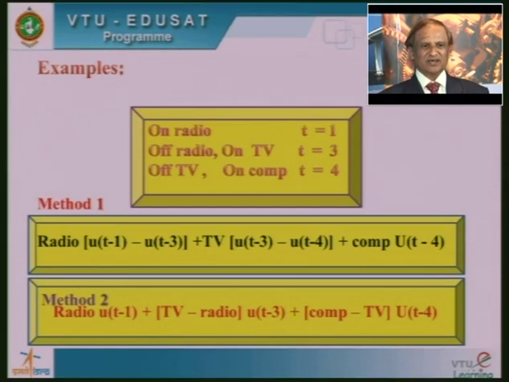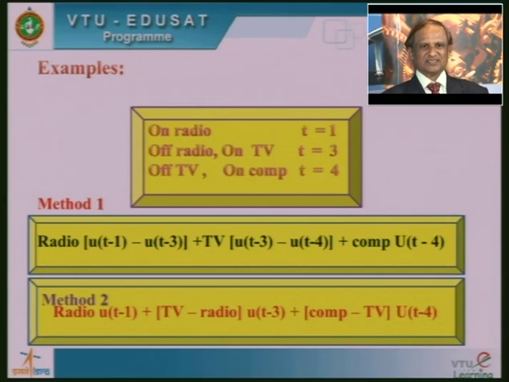Method 1 is radio into the bracket u of t minus 1 minus u of t minus 3. If you write u of t minus 1, it means at 1 o'clock the radio will be on, minus u of t minus 3 means it will automatically be off at 3 o'clock.